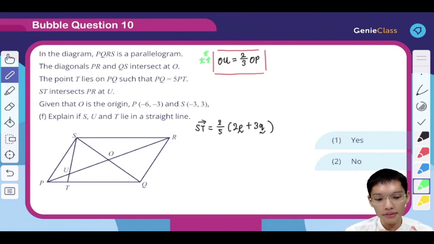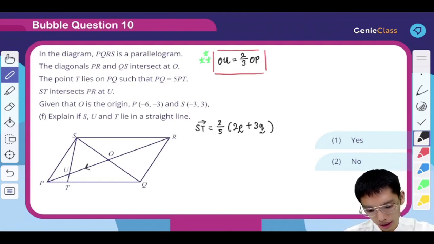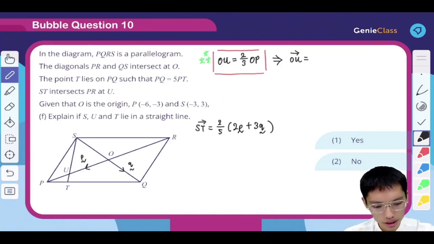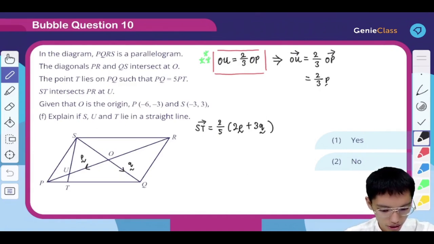Now, if I have this, OU is 2/3 of OP. So what does it mean? We know P over here is this vector. Q is this vector over here. So what does it mean? This means that OU is 2/3 of OP and henceforth 2/3 of P over here.